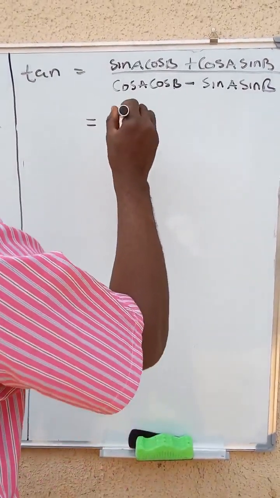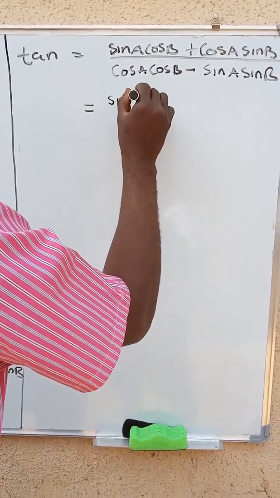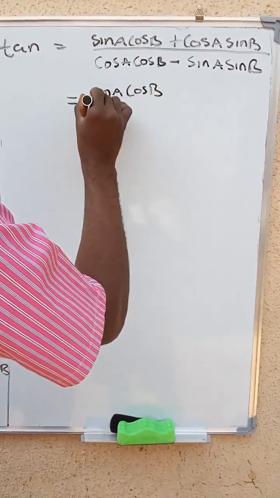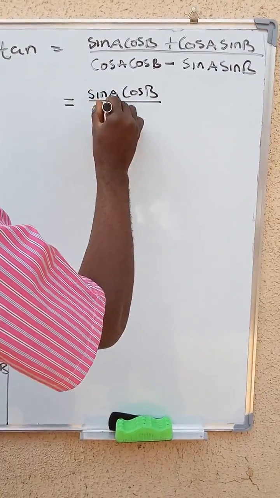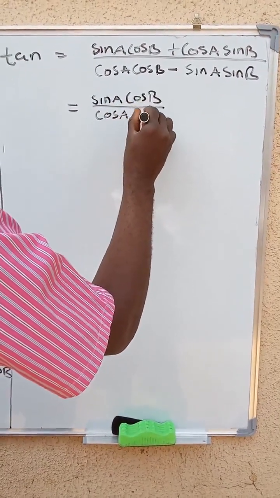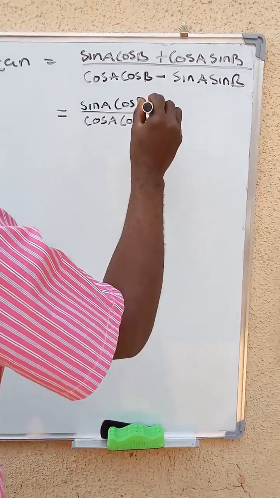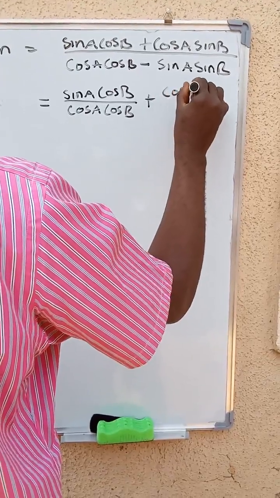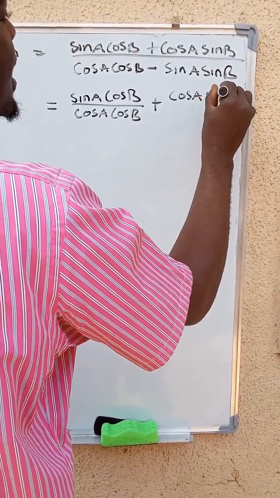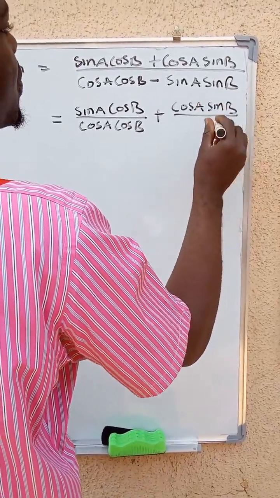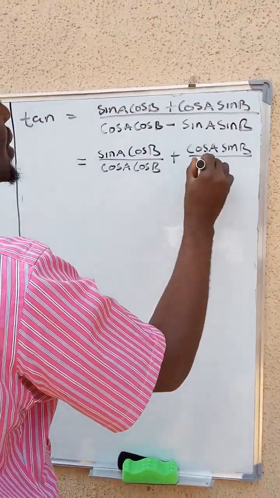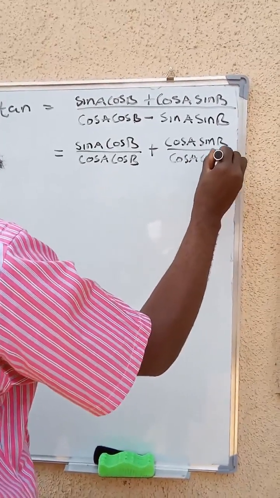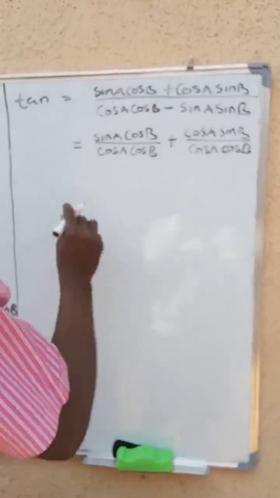So look at it. I have sin A cos B over cos A cos B plus cos A sin B over the same thing, cos A cos B. Right.